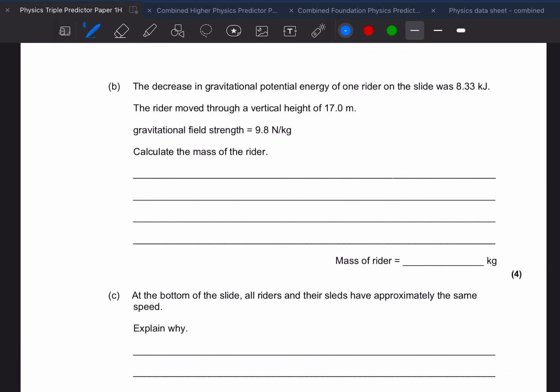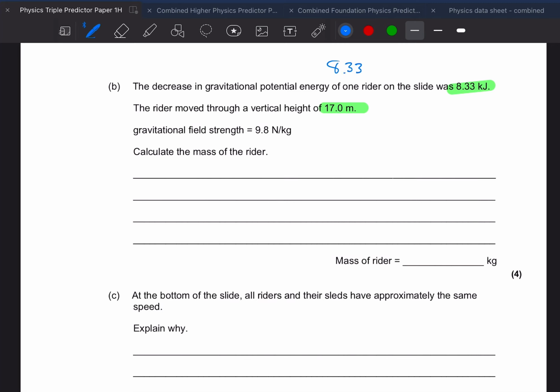The decrease in gravitational potential energy of one rider on the sled was 8.33 kilojoules. Let's write that down. The rider moved through a vertical height of 17 meters. All right, we've got a bit of a disagreement here with units. If that's in meters, then this should be in joules, not kilojoules. Let's fix that now.